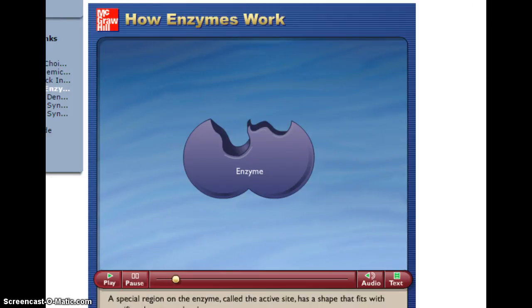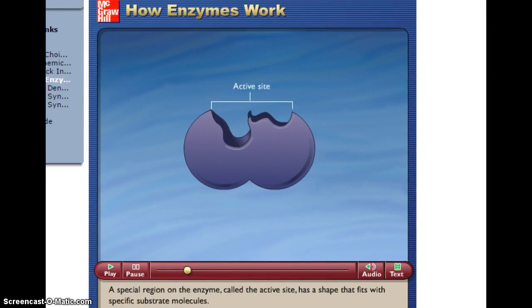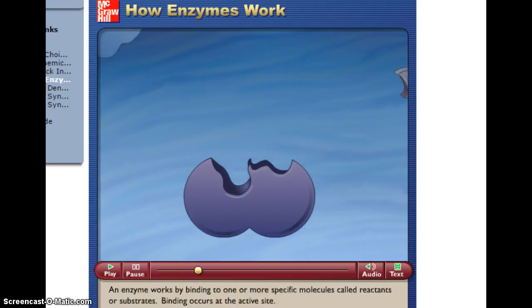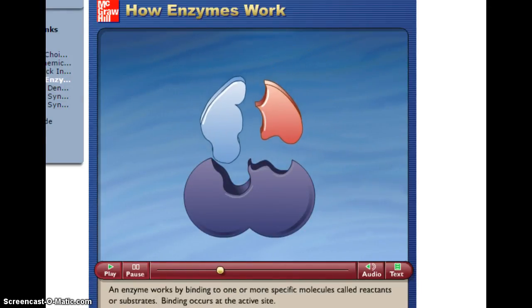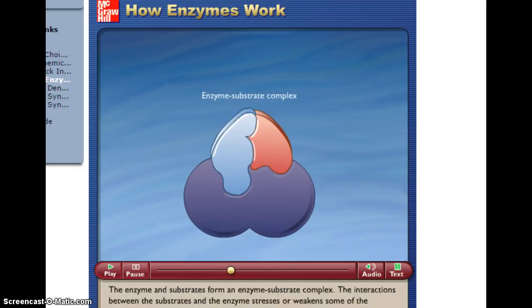So enzymes are proteins that speed up chemical reactions in the cell, and the active site fits with specific substrate molecules. An enzyme works by binding to one or more specific molecules called reactants or substrates, and binding occurs at the active site.